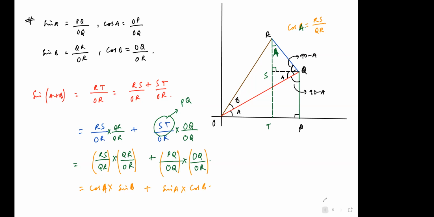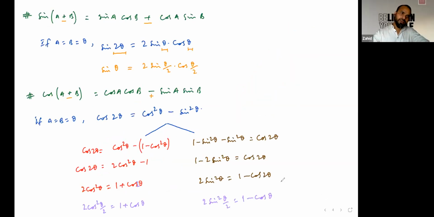Okay. So in the same way, we have derived a relation: sine of A plus B as sine A cos B plus cos A sine B. Similarly, for the minus sign, we can simply introduce minus in this part. If A and B are equal to each other, so that becomes theta, it becomes 2 theta.